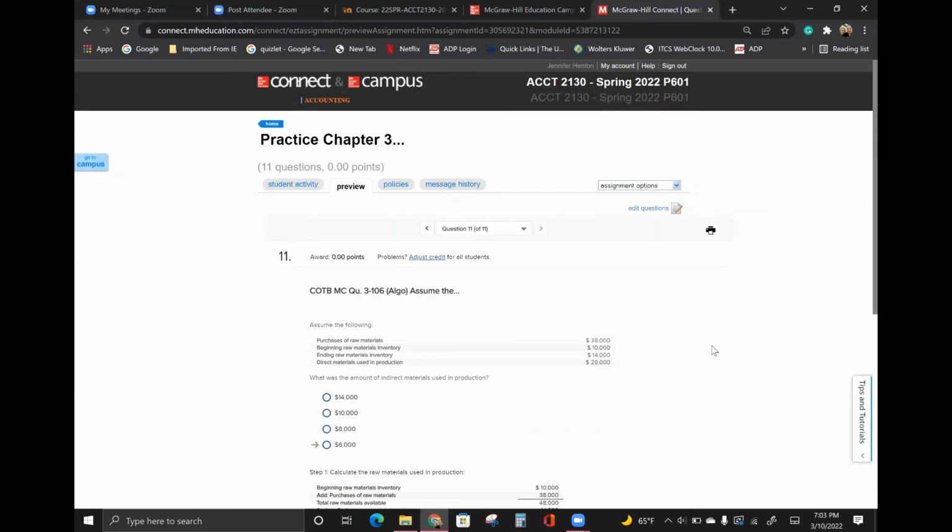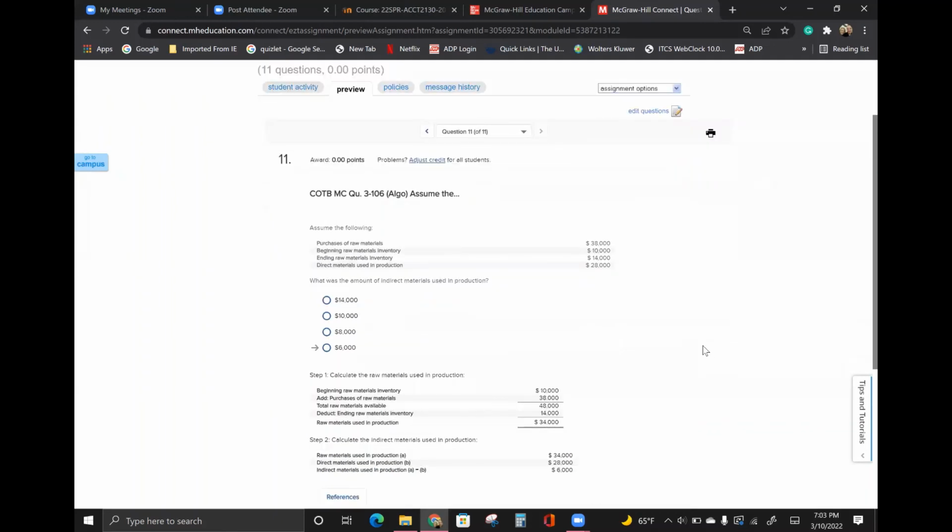But anyway, so this one is assume the following, and it's giving you your information on there, and it says, what is the amount of indirect materials used in production? So then you would have to calculate that out. So remember, the indirect and direct materials all come from that raw materials.